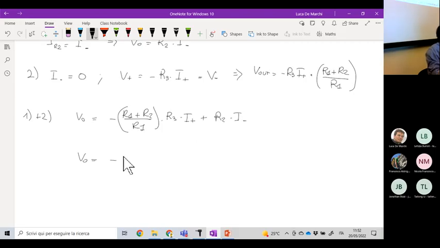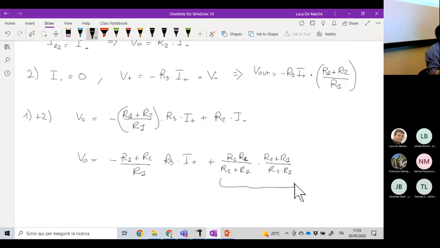So for example, if we keep (R1 plus R2) over R1 times R3 times I plus, and then we act on this term by multiplying it by R2 times R1 over (R2 plus R1), times (R2 plus R1) over (R2 times R1).